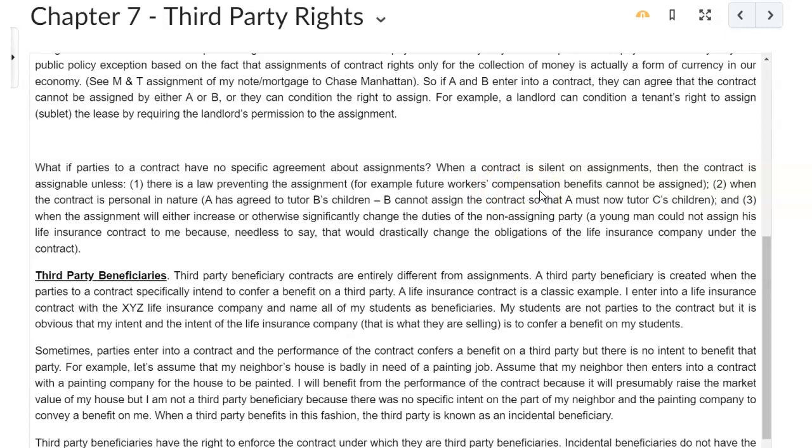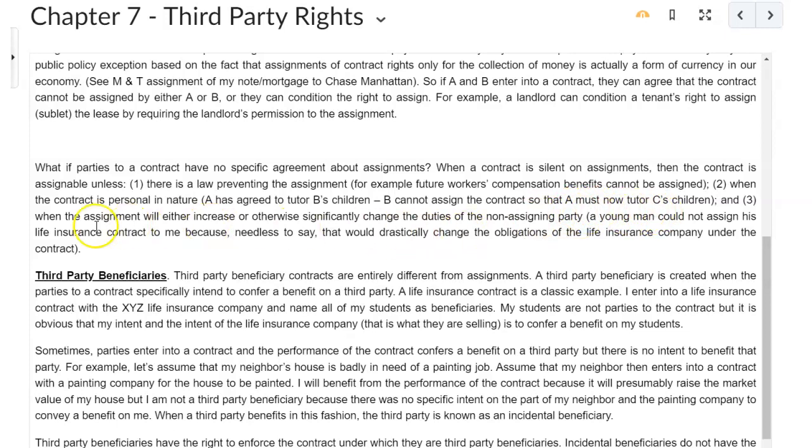Two, our second unless, a contract cannot be assigned if it's personal in nature. So A has agreed in a contract to tutor B's children. B cannot assign the contract so that A must now tutor C's children.